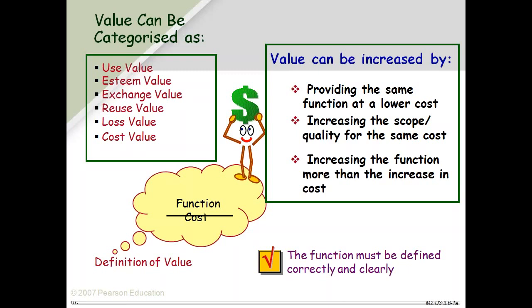So the brand value comes up, the esteem figures come up, and then exchange value also. You buy something at a higher price, but later on you can sell it at a higher price. So reuse value is high, the loss value is also very high, and the cost value is also high. So the ratio of the function versus cost is called the value.